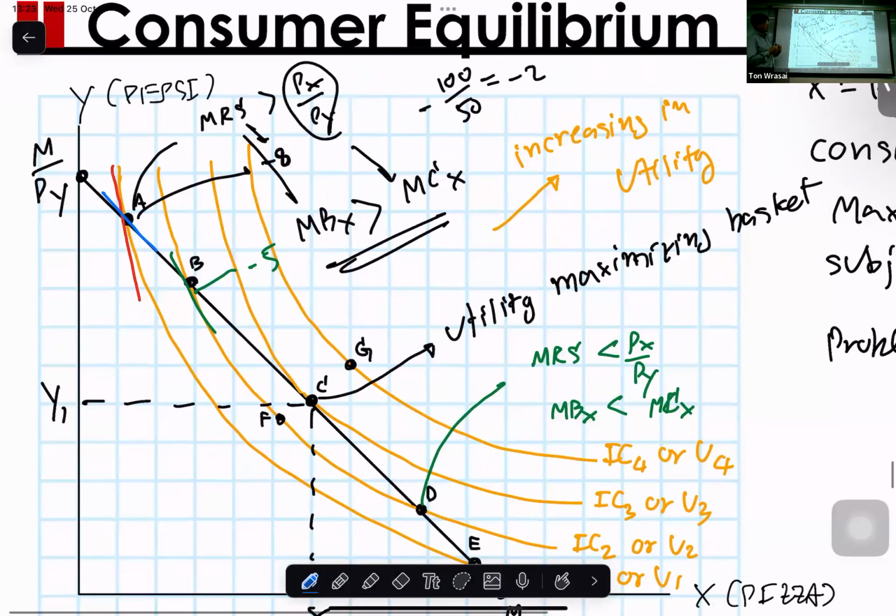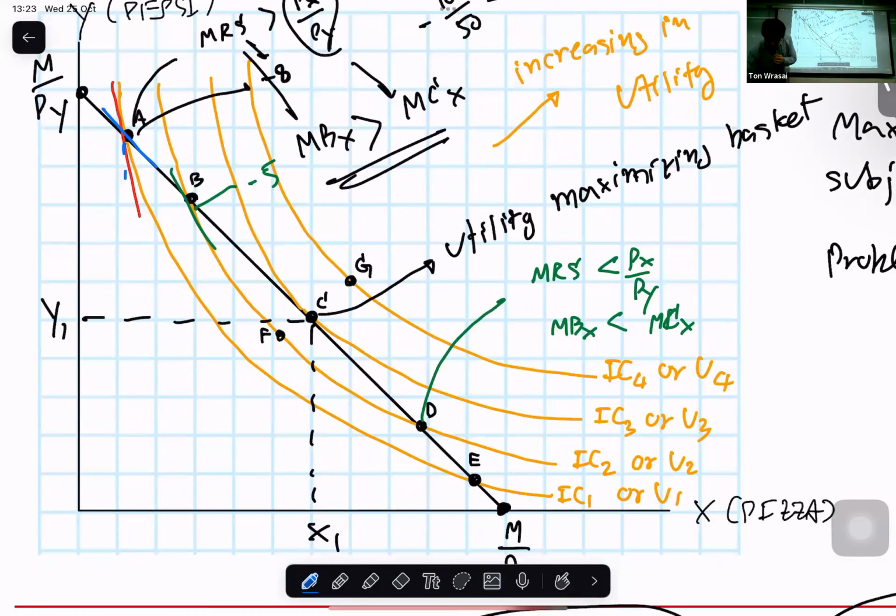When someone says this, we can interpret MRS as the marginal benefit of pizza, MBx. Why do we say this? Because this number reflects how hungry this guy is, how this guy values this slice of pizza. Let's say at basket A, he only has 1 pizza and a lot of Pepsi.